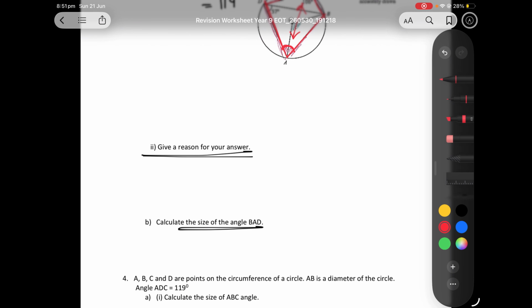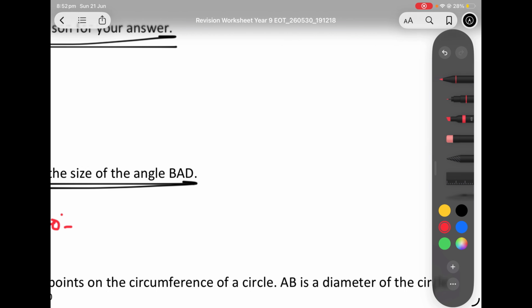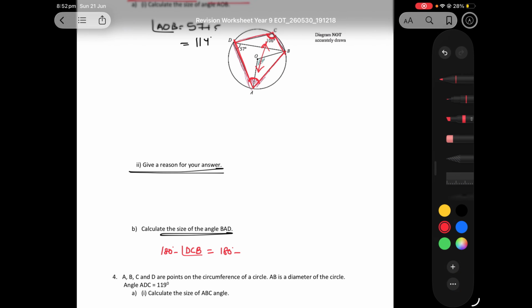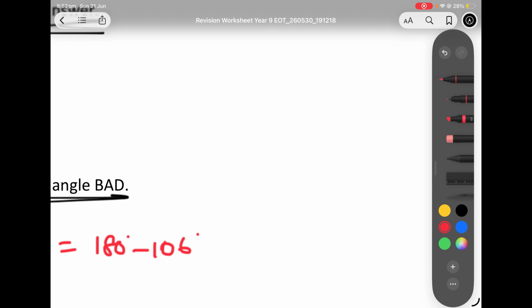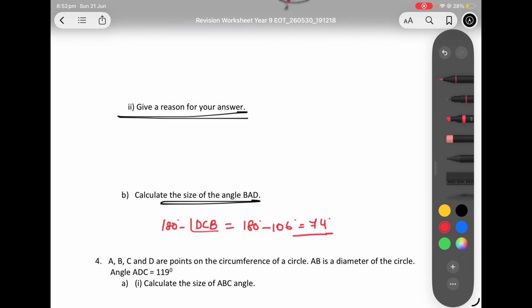Then how do you find it? 180 minus the angle DCB, that is 180 minus 106. So that becomes 74 degrees.